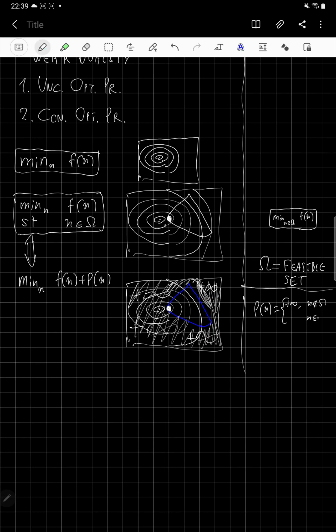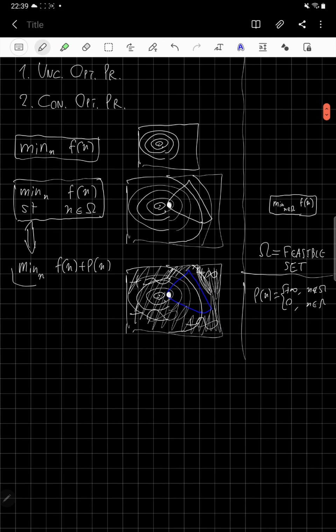For x inside, it's going to be 0, so it won't change anything. Okay, these two problems are equivalent. The Lagrangian problem is going to be a similar thing, not too different. Instead of penalizing by infinity, we're just going to penalize it more smoothly.